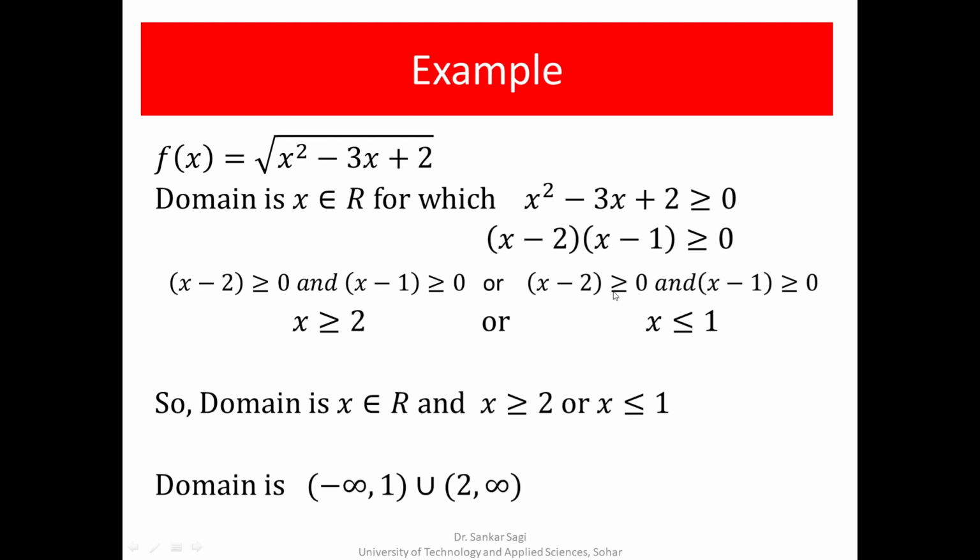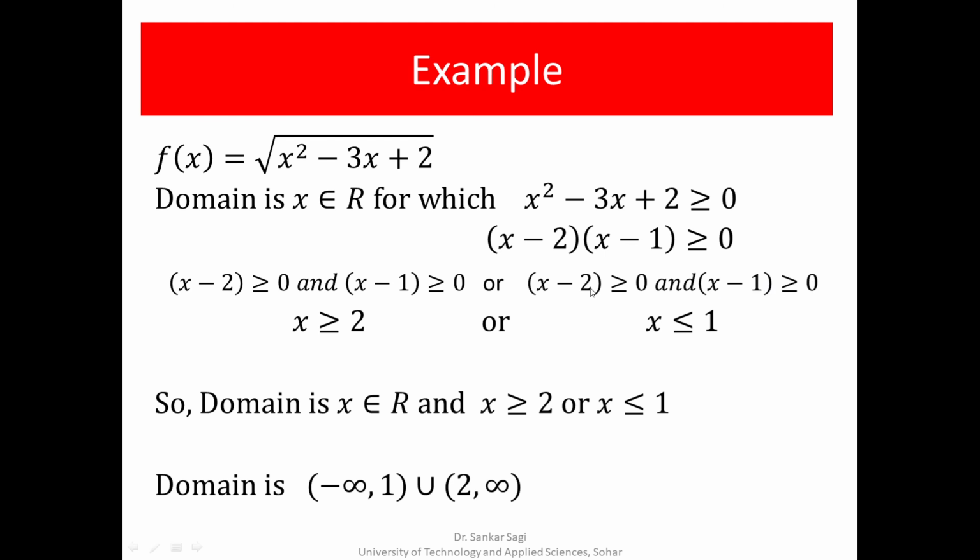And here in the second one, as I told, this is not greater than, this is less than or equal to, correct it as less than or equal to. So x less than or equal to 2, x minus 1 less than or equal to 0. If we take minus 1 to the other side, x less than or equal to 1.